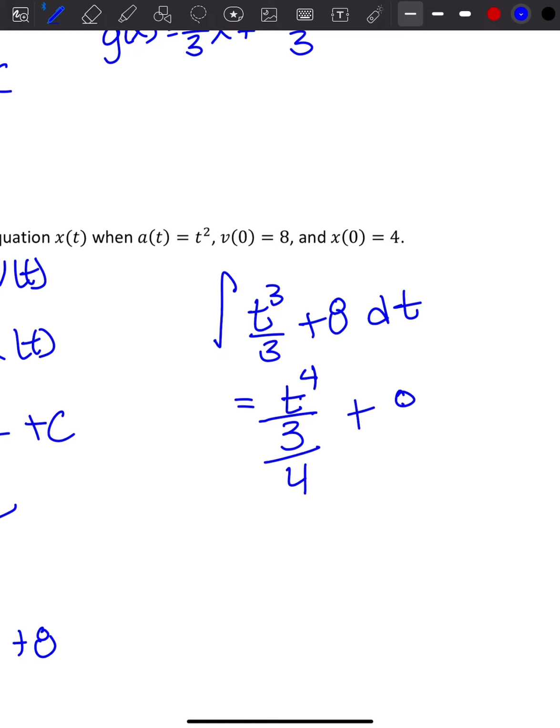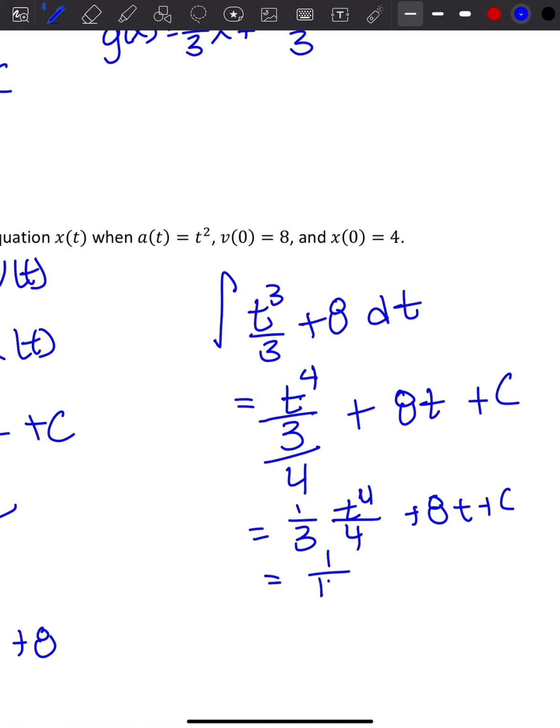We have 8t, and we have taken an integral, so we need to add a constant. This is the same thing as saying 1/3 t to the 4th divided by 4, or 1/12 t to the 4th plus 8t plus c.